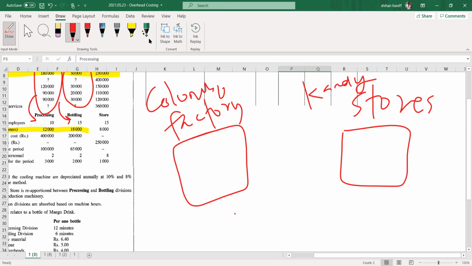The factory has two departments, processing and bottling. Let's say it has two floors: the first floor is the processing department and the second floor is the bottling department. In the stores, there is only the stores.